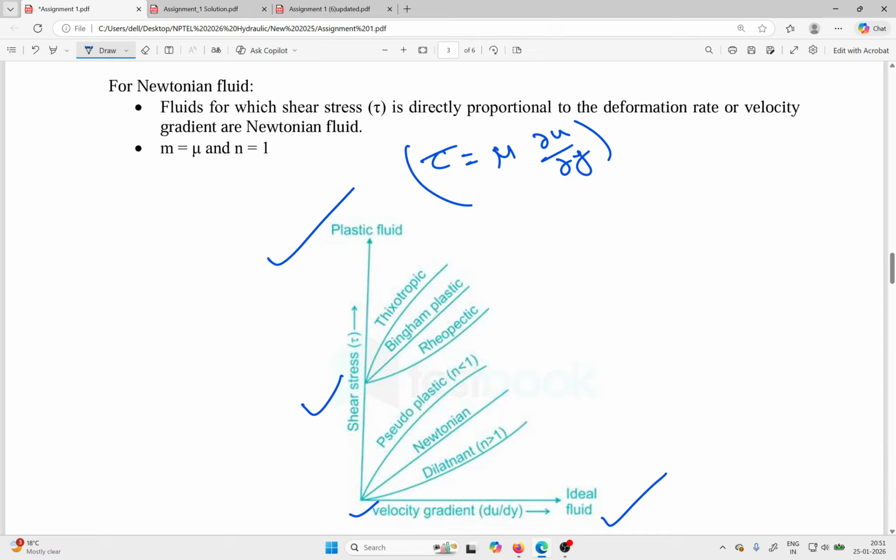C value. And why I am telling C value here, you can correlate with y is equal to mx plus c. So for this you need to draw a graph like this, this will be your C value. From here we have linear behavior. So this is Bingham plastic we can correlate.